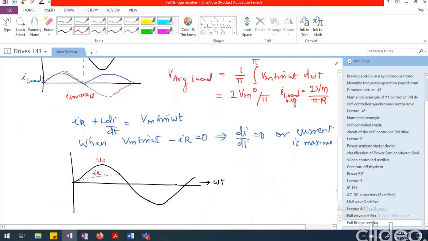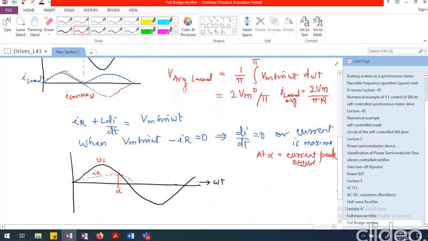So this is where the current peak occurs. Let me call this point alpha. At alpha the current peak occurs, and after that the current starts declining like this.